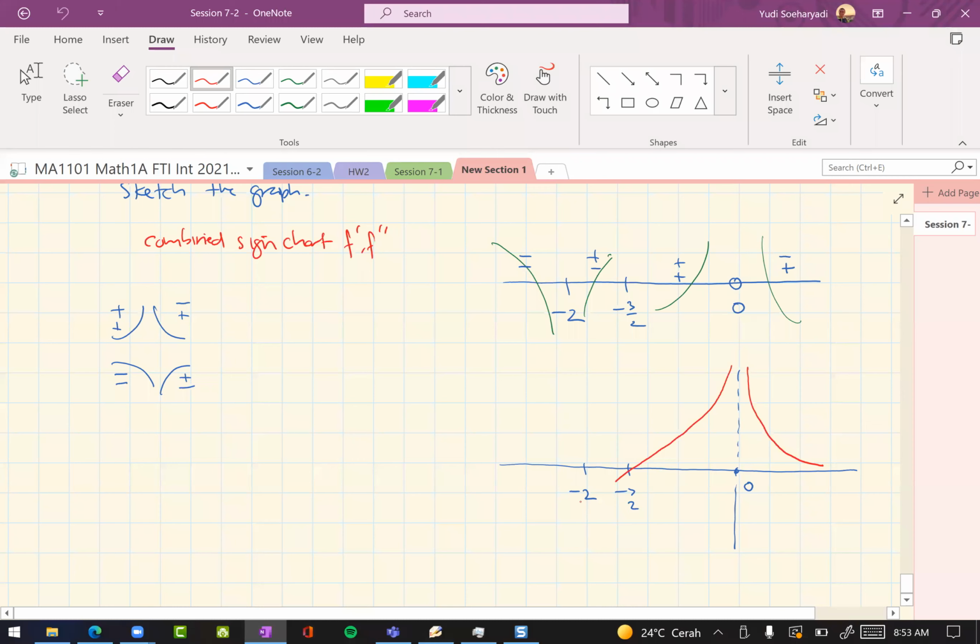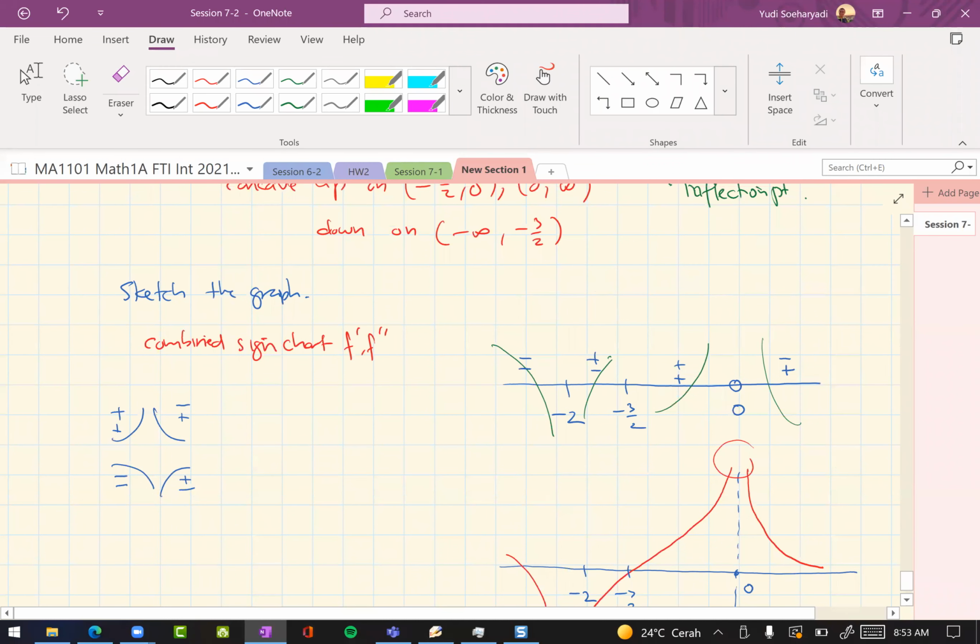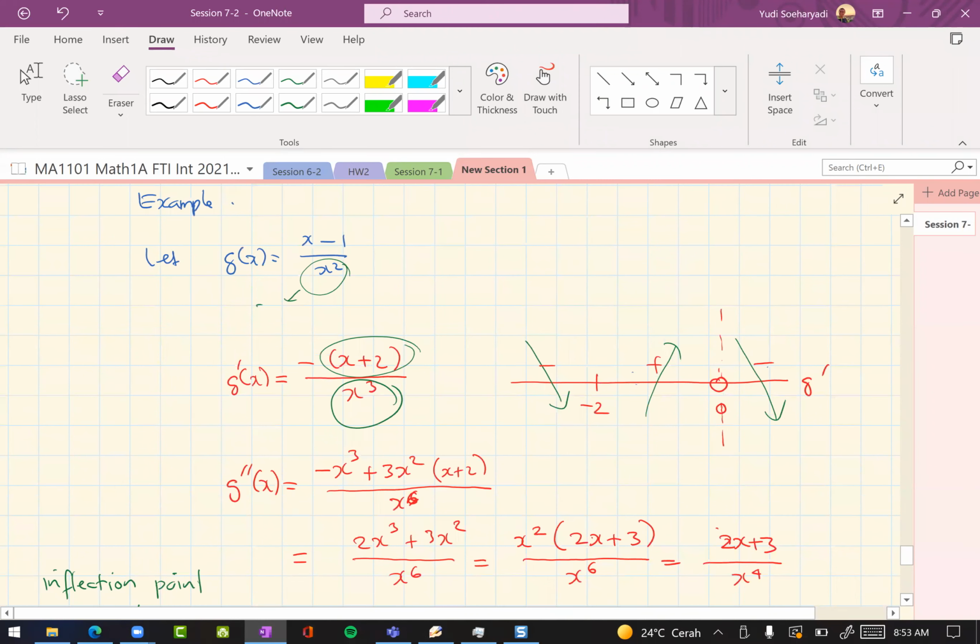Now this one is there. We'll compute it later. I'll make some revision later. But this is an asymptote. Okay. Because this is undefined at 0.